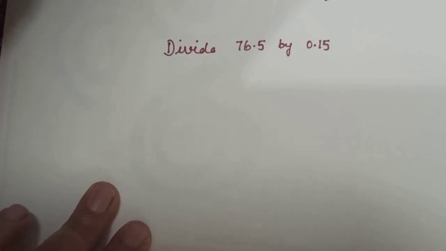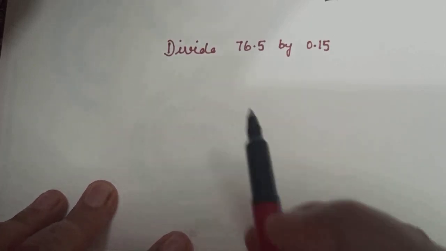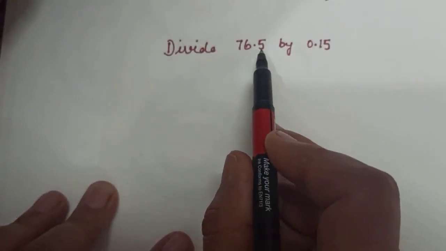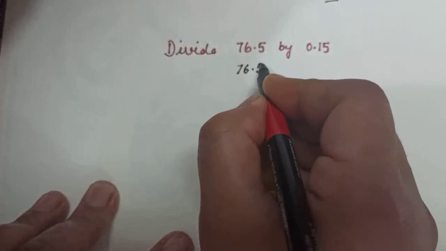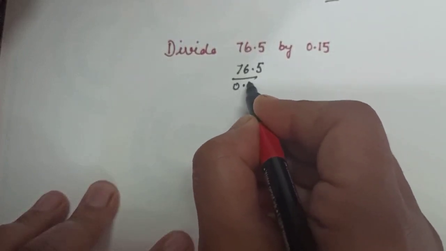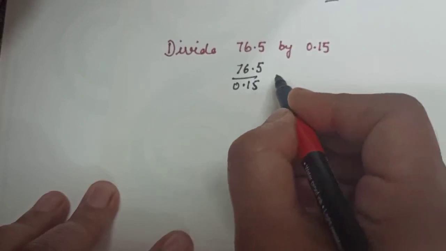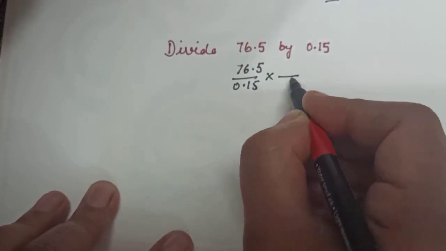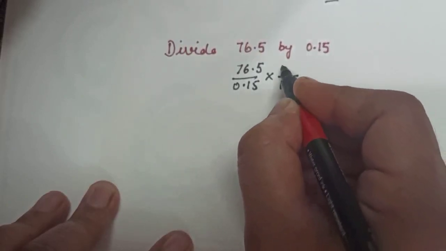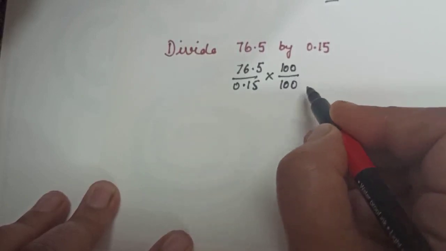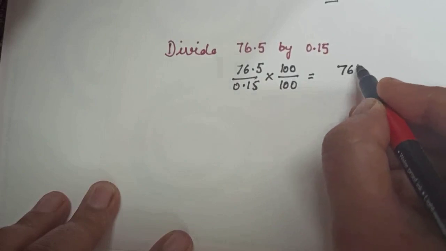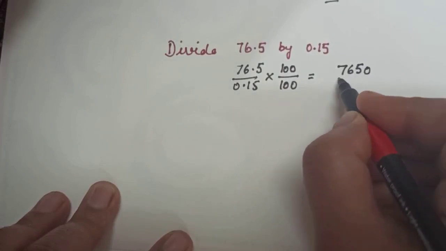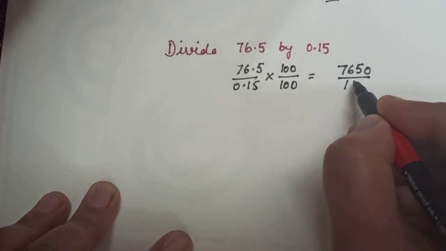Let us take another example in which the denominator has more than one decimal place. Divide 76.5 by 0.15. So when we write it as 76.5 upon 0.15, the denominator has two decimal places, means we have to multiply by 2 zeros, means 100 above and 100 below. Now our decimal will shift 2 digits towards right.